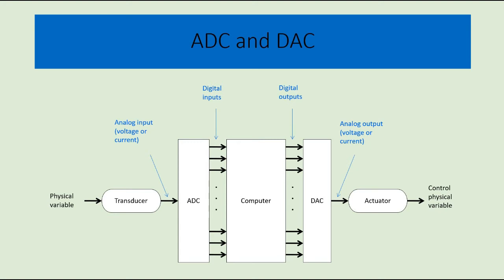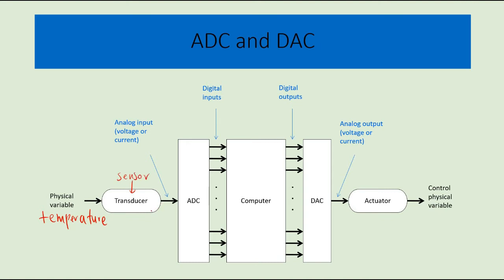Okay, this is the general overview or general understanding of ADC and DAC. Okay, for example, we have a physical signal here or physical variable here. For example, kita ambil temperature. Okay, we have temperature as a physical variable, and then we have transducers or sensors, okay, to sense the temperature.